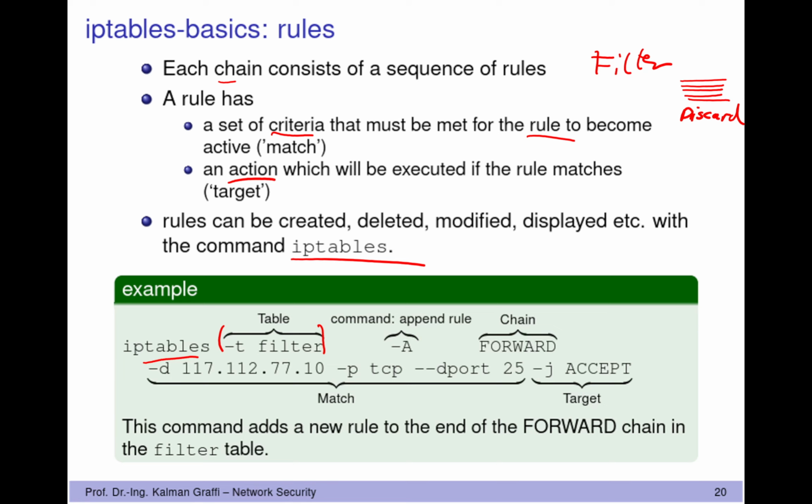That's the table, the filter table, in the chain of forwarding messages, so where we are not the destination node and not the recipient node. And here's an example. So this is the criteria. If it's a message which has a destination IP address of this, and the message is using TCP and the destination port is 25, then the outcome, the rule, should be to accept the packet.